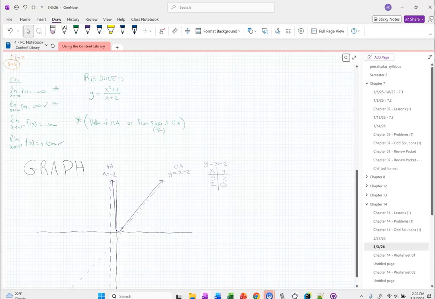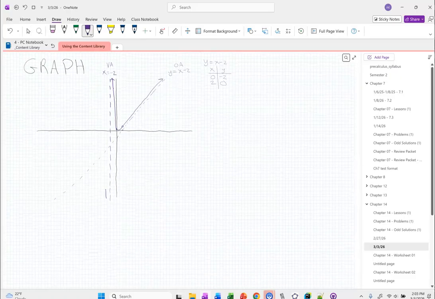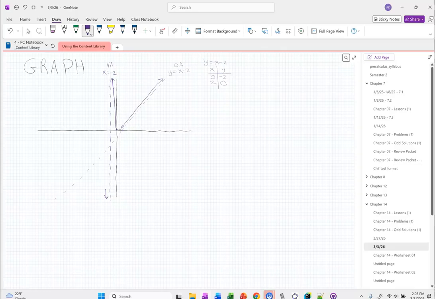Everybody okay there? Now let's look at the other end behavior for the vertical asymptote. That says on the left side of -2, the arrow should be pointing down. So there.